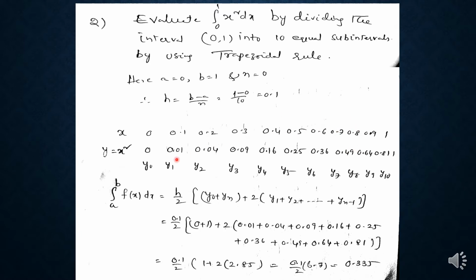Similarly, what is the given function? y is equal to x square. By putting the x values, we will get the corresponding y values. If we put x is equal to 0, y is equal to 0.